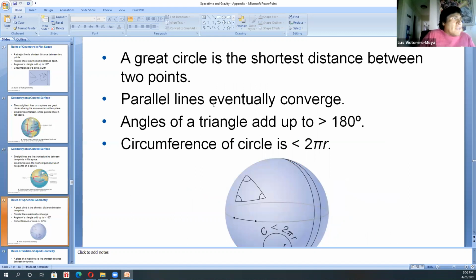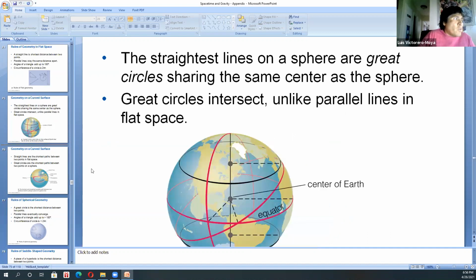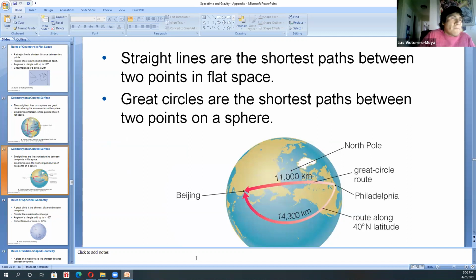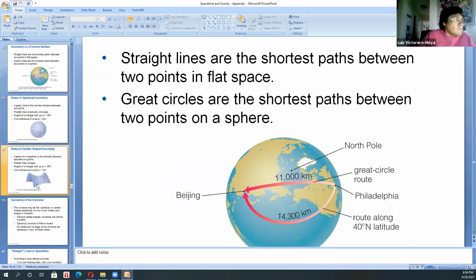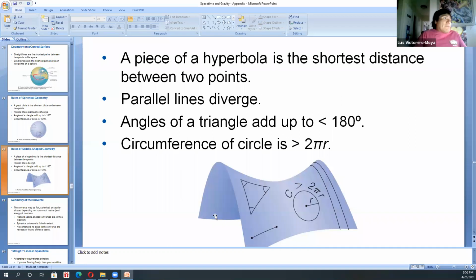So yeah, parallel lines can cut. A great circle is the shortest distance now between 2 points. Okay. But remember, right? You can have different types of curved space-time. You can also have this hyperbolic sort of space-time, right?